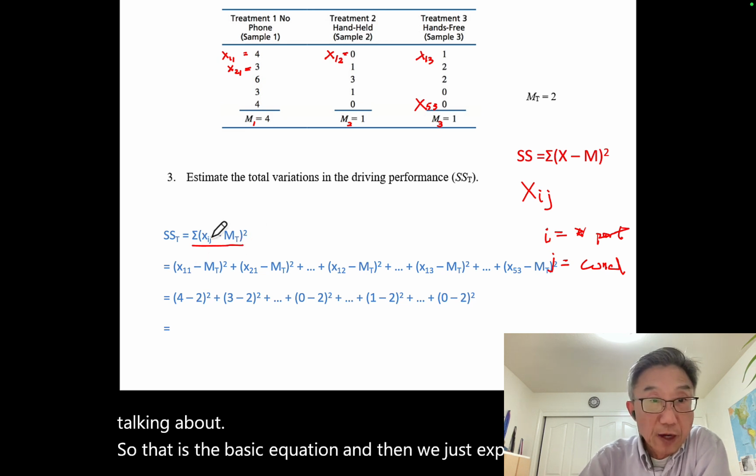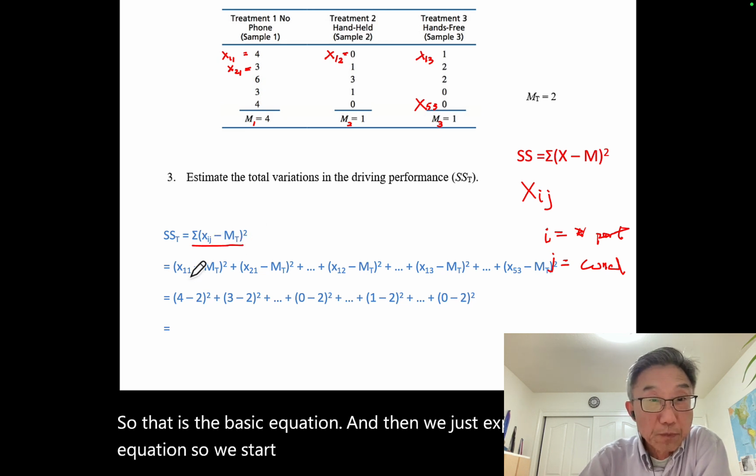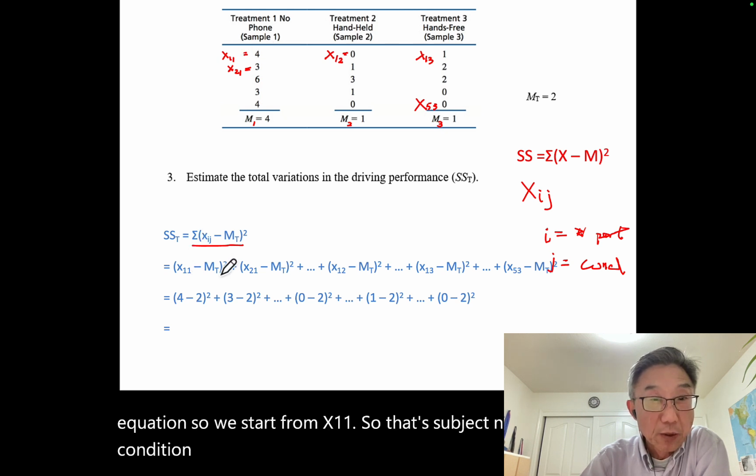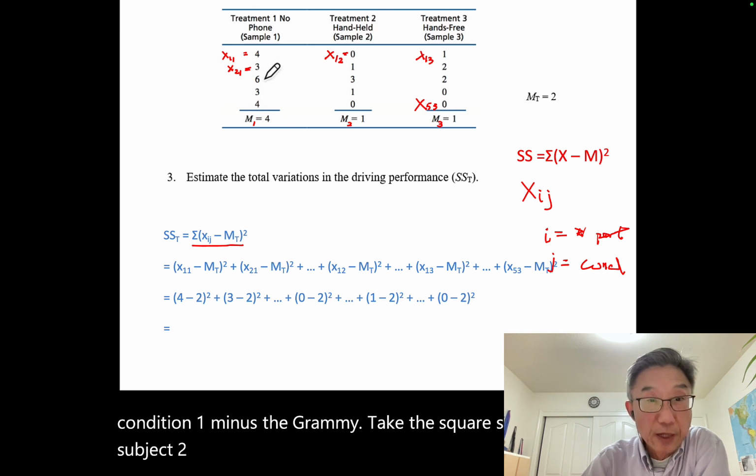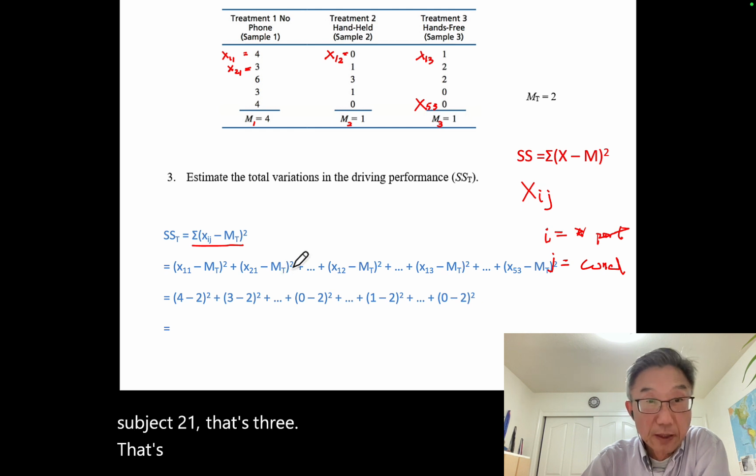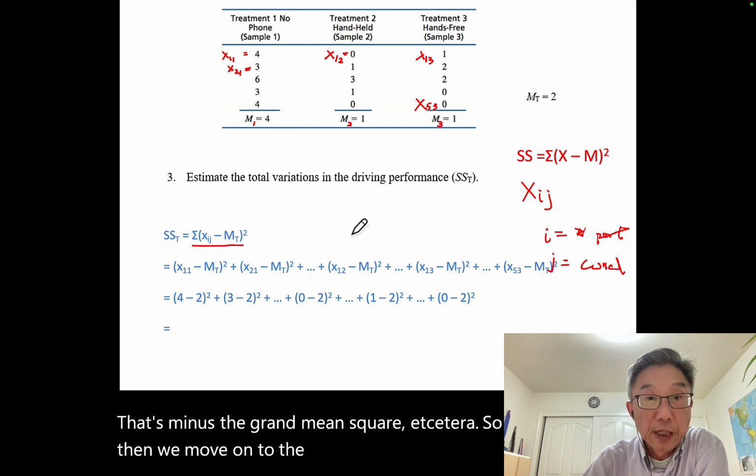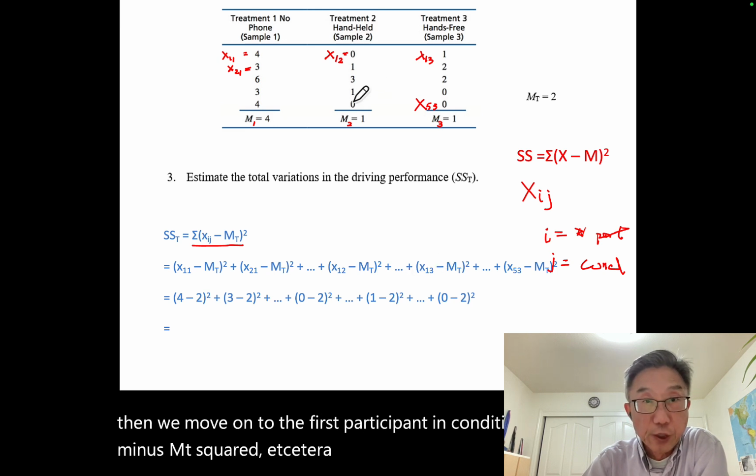So we start from x11. That's subject number 1 in condition 1, minus the grand mean, take the square. Second, subject 2 in condition 1, minus the grand mean, squared, etc. So finish all 5. And then we move on to the first participant in condition number 2. So that's x12 minus m of t squared, etc. We finish all 5.